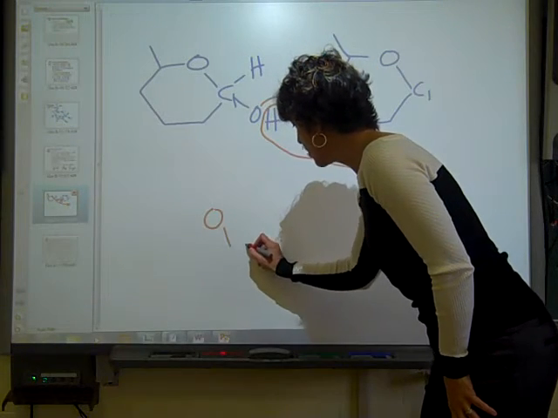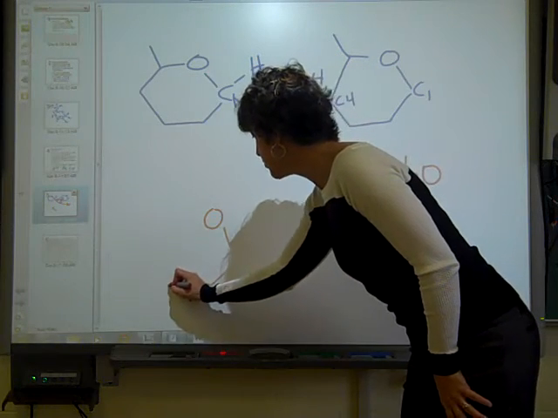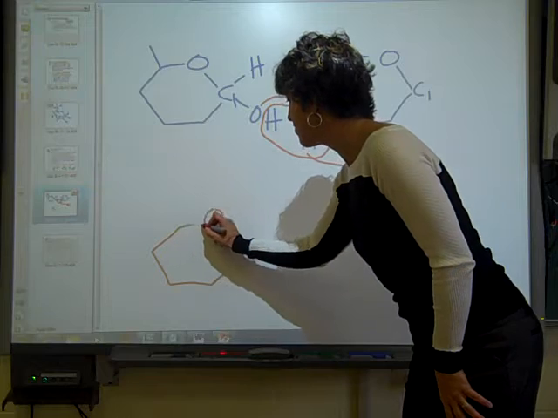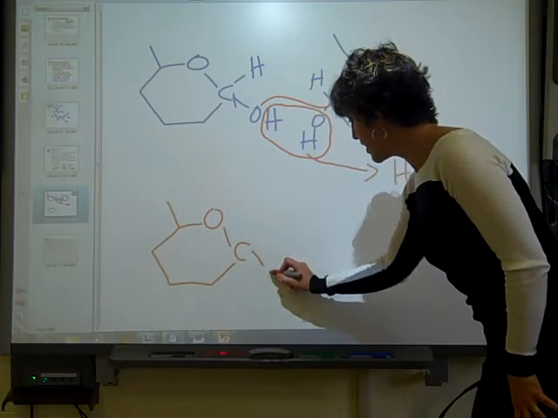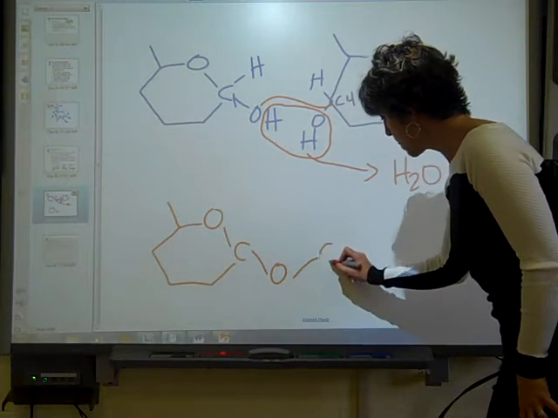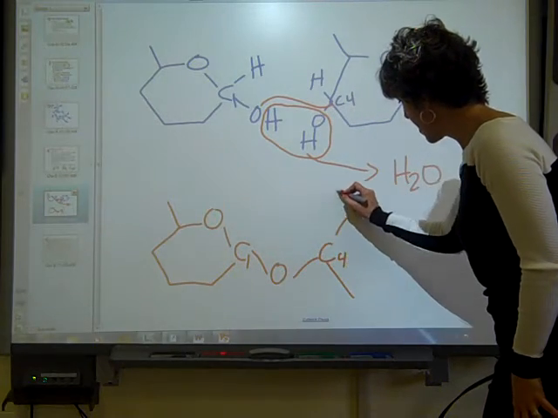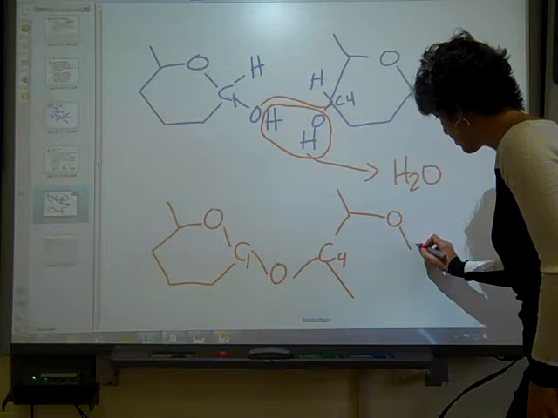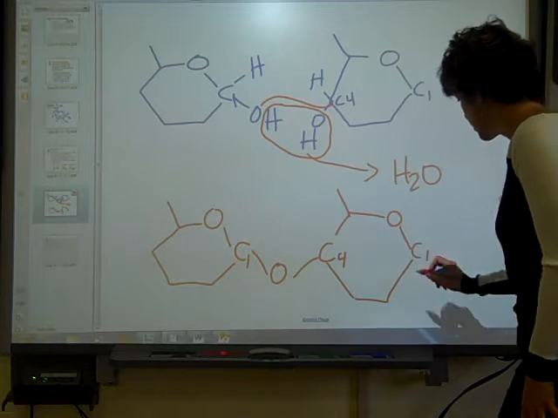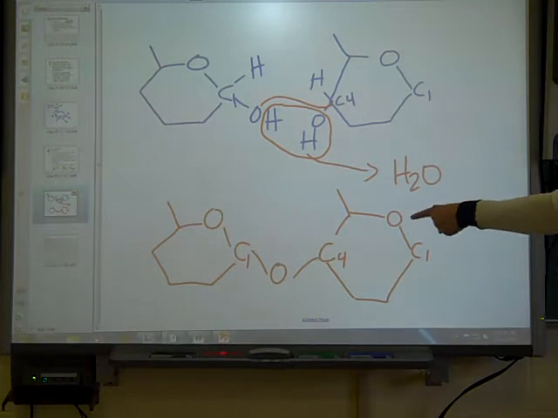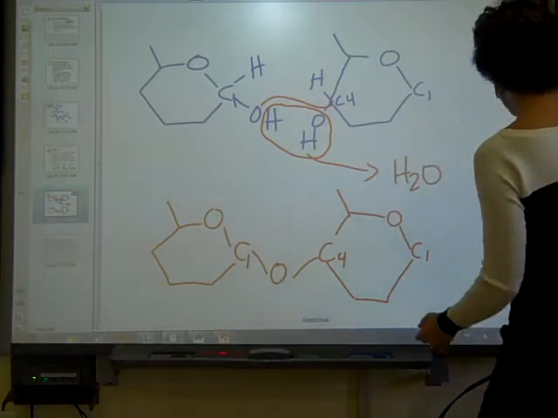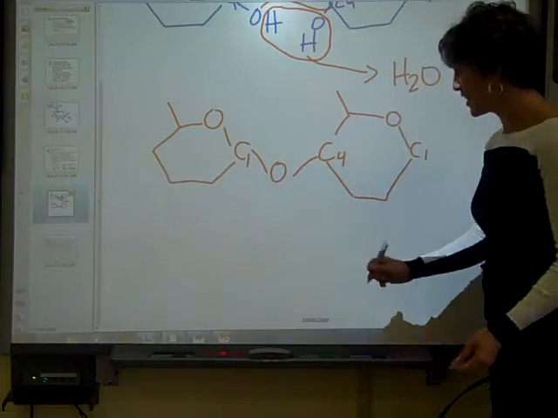Here was my O, here was my 1 carbon, 2, 3, 4, 5, 6. It now has an O in the middle, so this was carbon 1, this is carbon 4, 5, 6, over to the O, down to the 1, like that. So this connection between the 2, that is my glycosidic linkage.